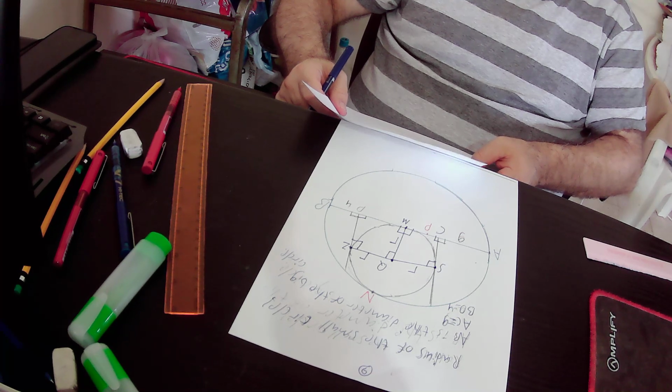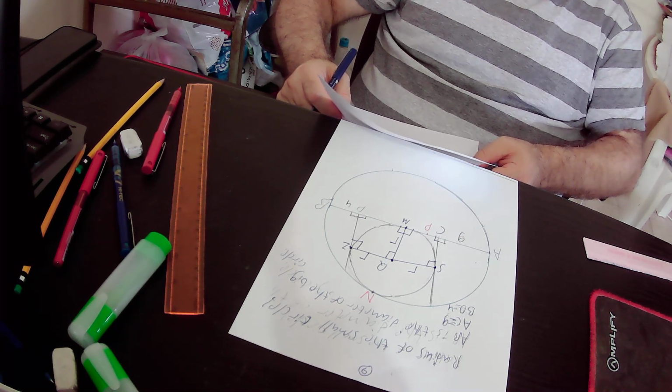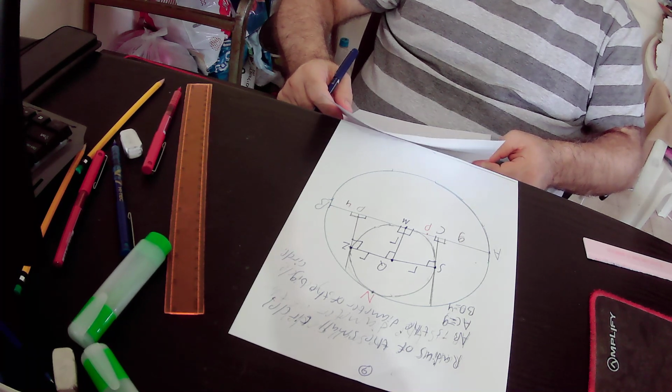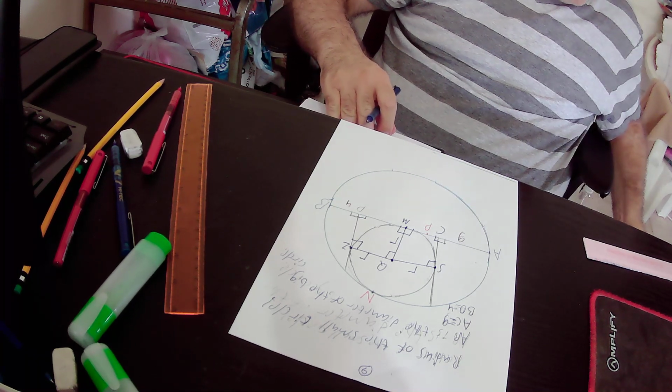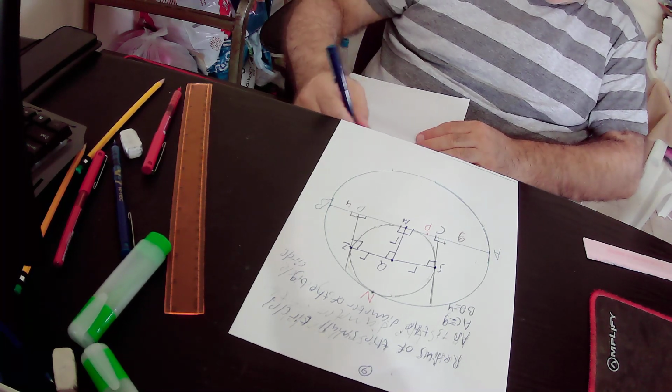Okay, and we have rule number 3 about rectangles, and now rule number 4 about rectangles.